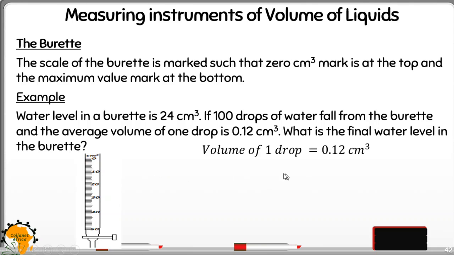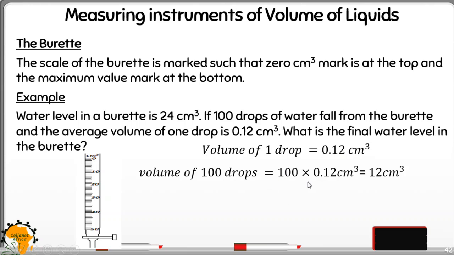So we proceed as follows. We have that the volume of one drop is 0.12. We are given. So what about 100 drops? 100 times the volume of one drop. You get that it is 12 cubic centimeter. So this is the cubic centimeter that is being removed. Remember, we are saying that the 100 drops of water fall.